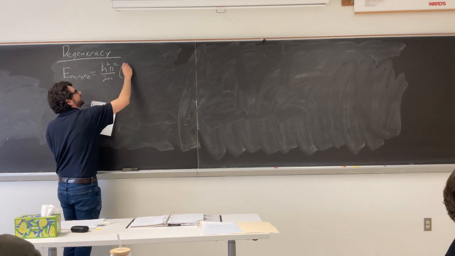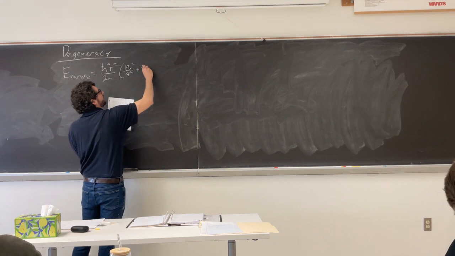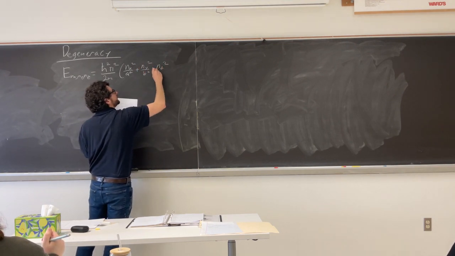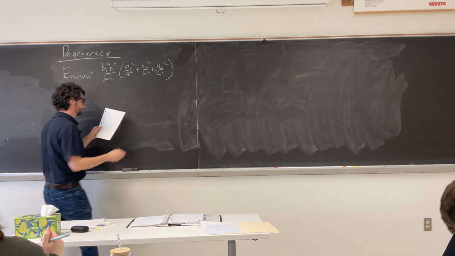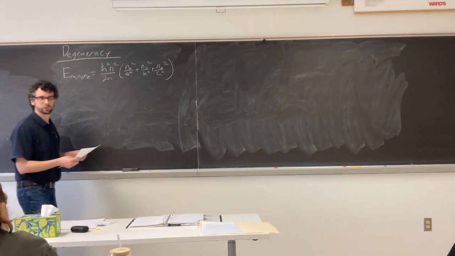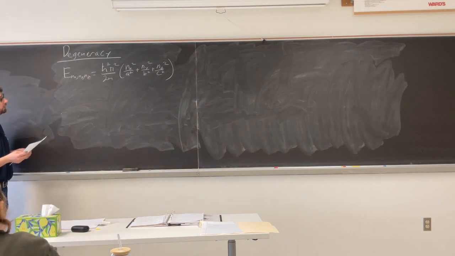And then we said x squared over a squared plus y squared over b squared, z. Did I not write pi squared in the last one? Oh, shoot. I believe it should be pi squared.